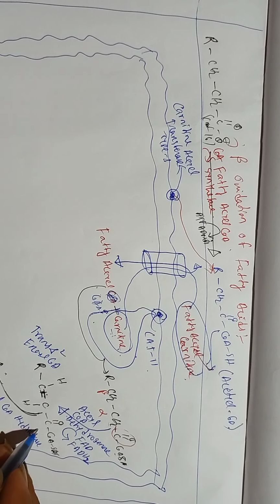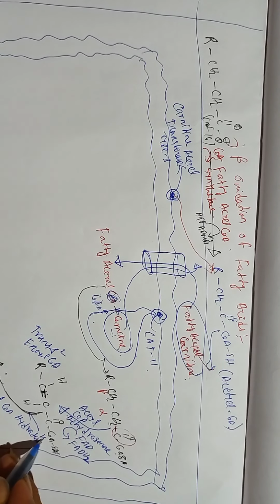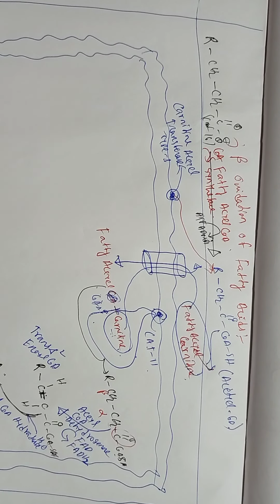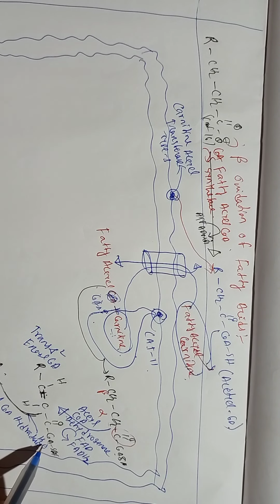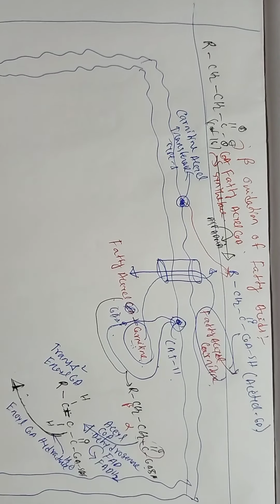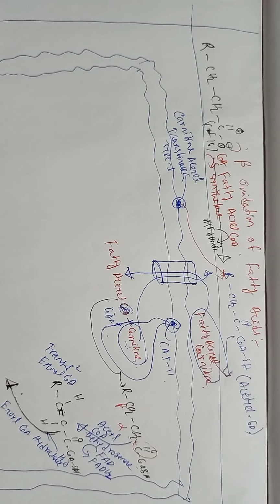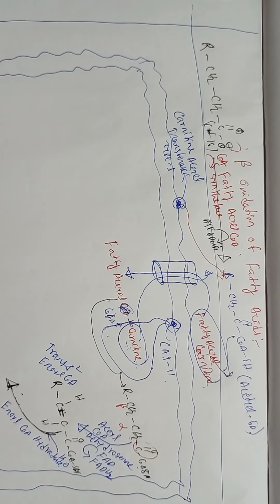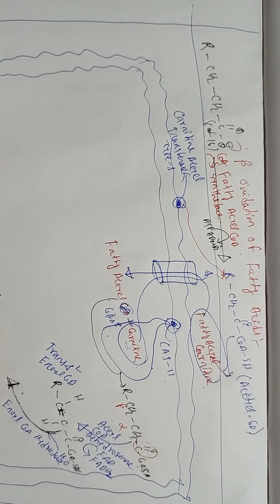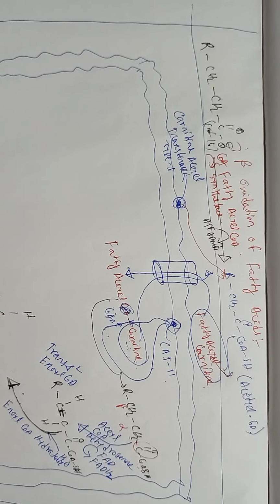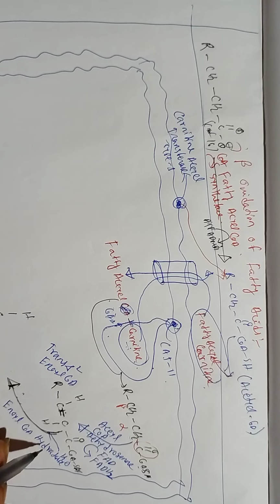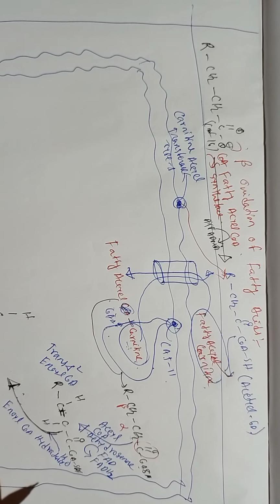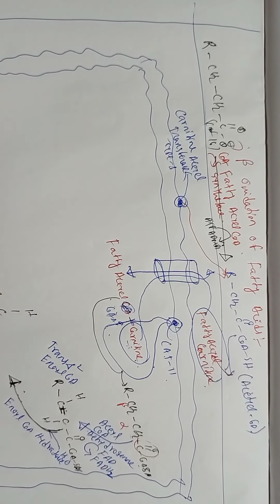The enoyl CoA hydratase will add one molecule of water here, and from the water we'll get an OH. So let's see what we have in the next compound after modification. We'll get R, C, CH, and one OH group, because by splitting water as H plus and OH minus, we'll ultimately get one OH here.